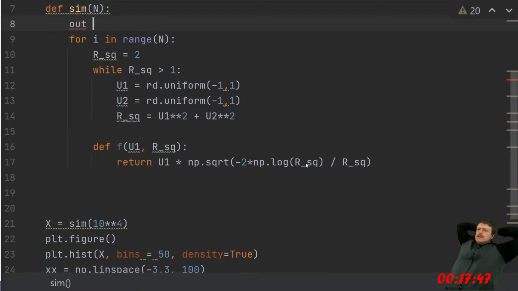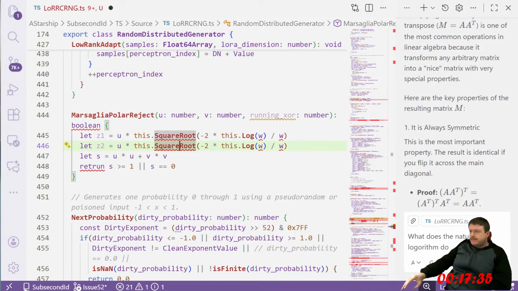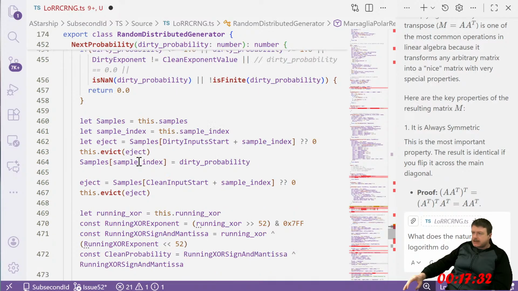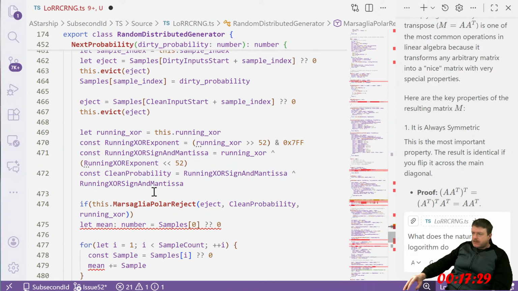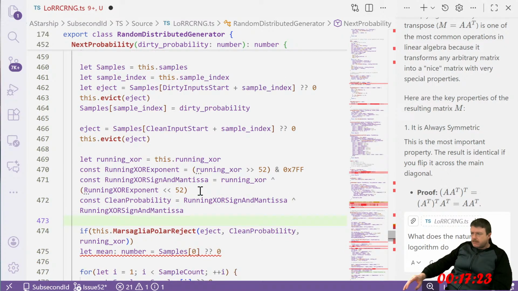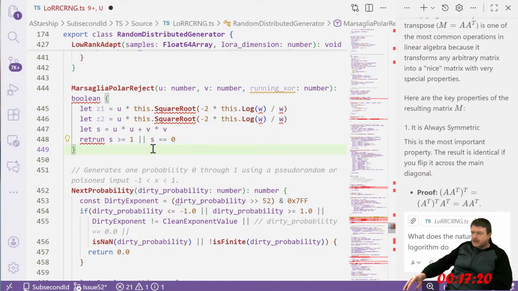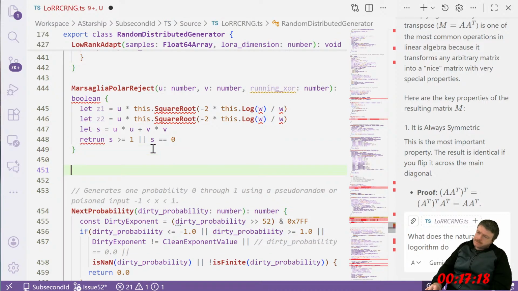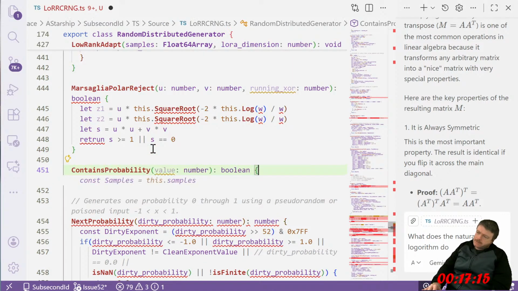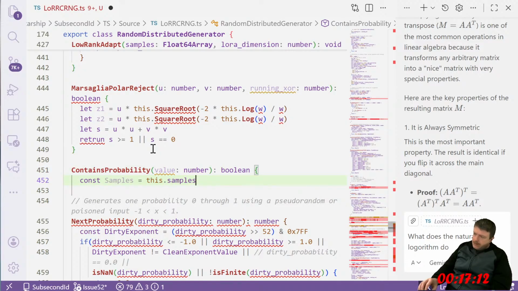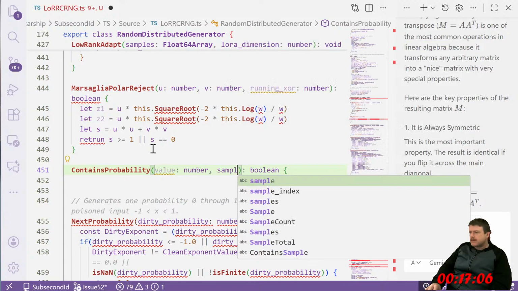So what's the idea? What do I have to check to see if it contains? What's the probability that it contains this number? I need to check if the sample exists. Like, no, I want to pass my samples in like this.